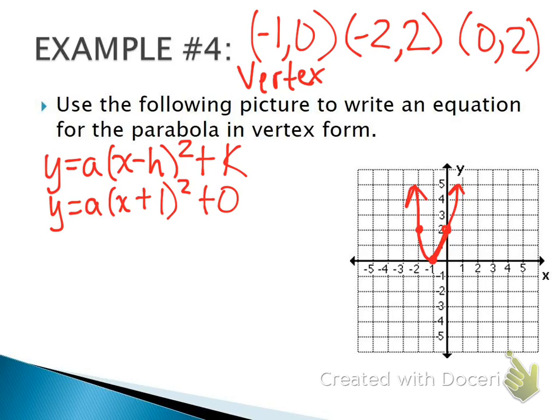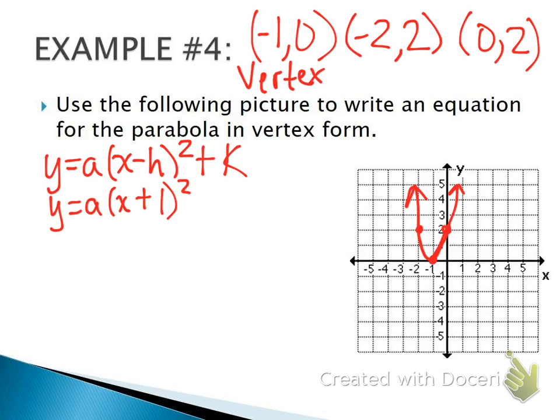It's 0. Do I need to write plus 0? No. If you want to, you can, but you usually will not see it written there. If you see a problem where they don't put plus k or minus some number back here, that k is 0.